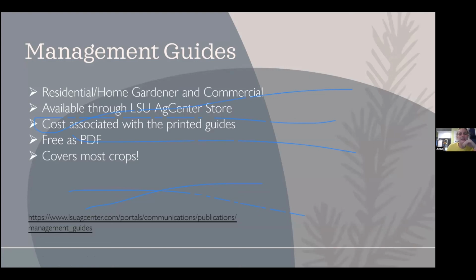And that's the link there, or you can just Google LSU Ag Center management guides and it should come right up. It's in our store as well if you want a printed physical copy. It's a really big publication.